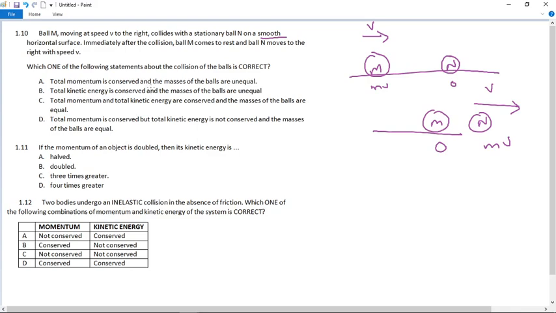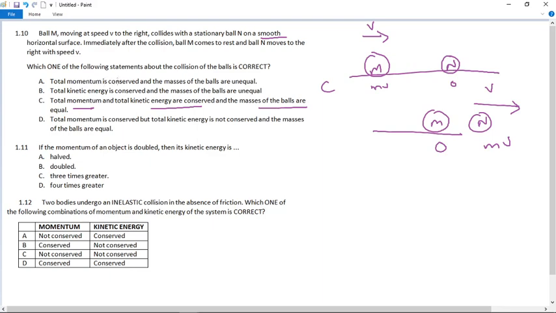If the momentum is conserved, I would say the masses of the balls have to be equal in this situation, because that's usually the only way you can get the second ball to move off with exactly the same V. And I would think that this is an elastic collision, yes. So momentum is conserved, kinetic energy is conserved, and the masses of the balls are equal. I like answer C here.